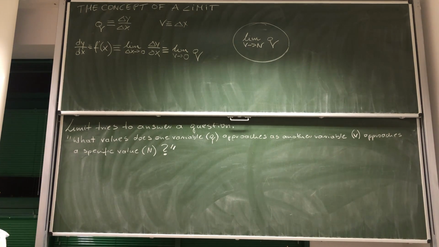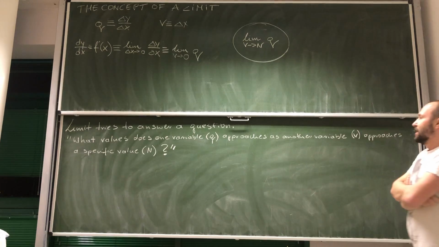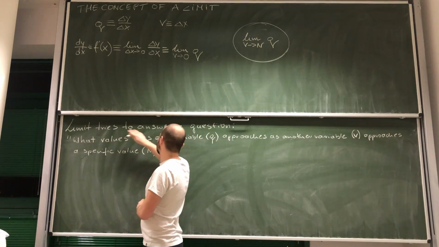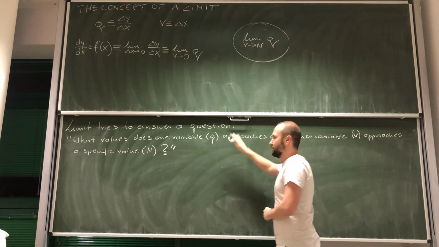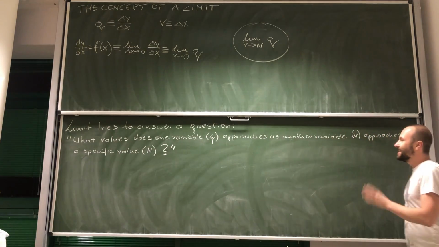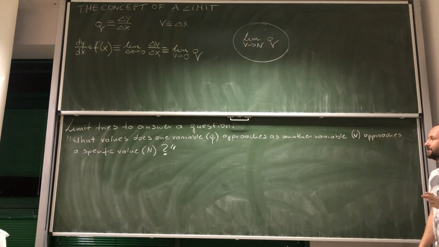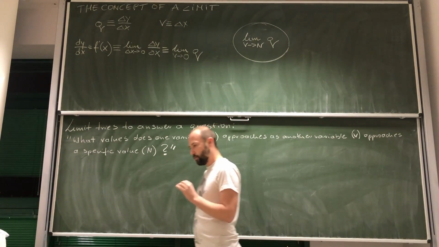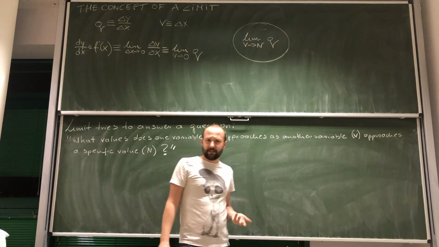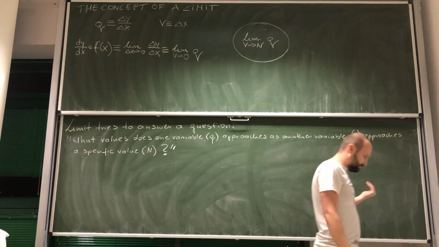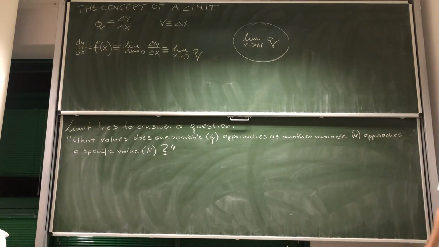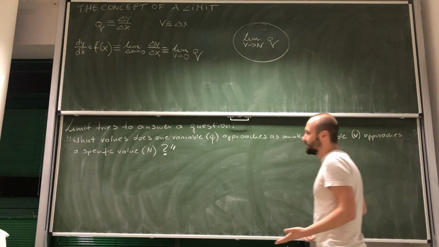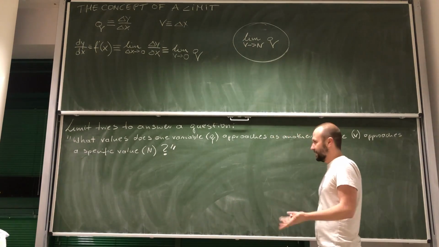Okay, so let's go now to what the limit represents. And look, over here I've written limit tries to answer a question. And I didn't write limit answers the question. Why? Well, because sometimes we have a situation that we cannot find the limit, or in other words, limit does not exist.